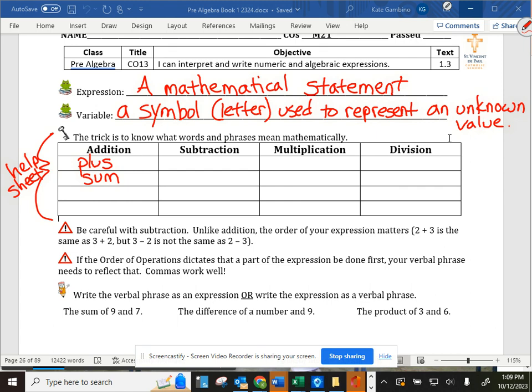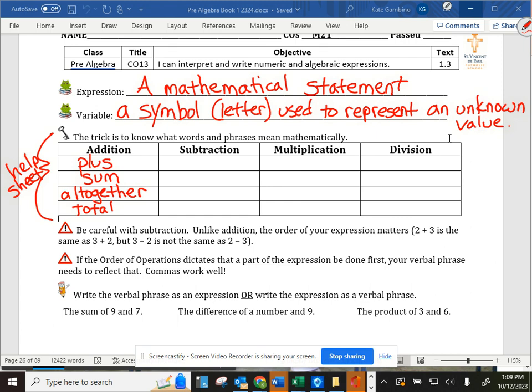So that is a good word, but we're going to use it with a different operation. Grace? If we say all together, how much do you have? We want to add it all together. Another one is the total. When we find the total of something, we are adding it.